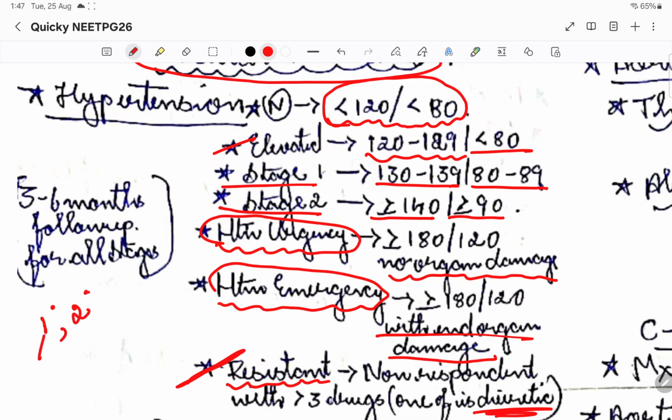In secondary, there is an underlying disease that is causing the hypertension. In primary there is no particular cause; it is the vessel that is involved. So this is primary and secondary hypertension.